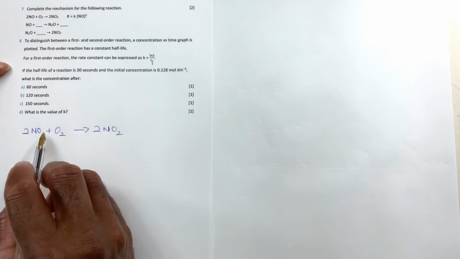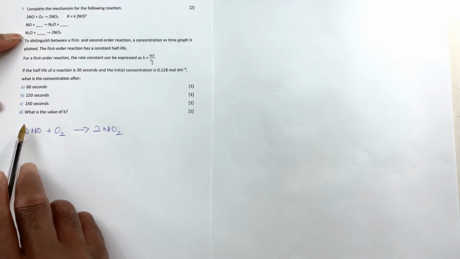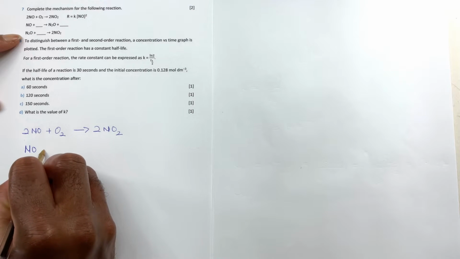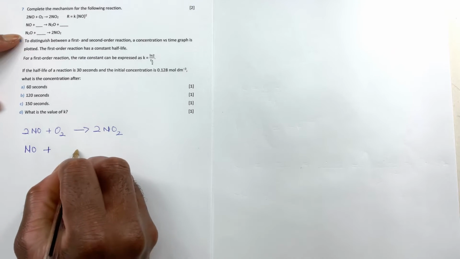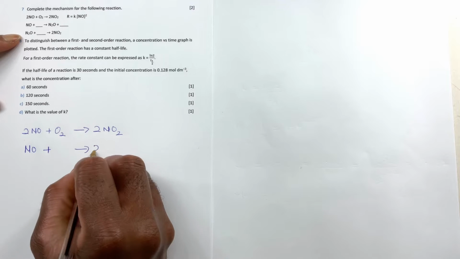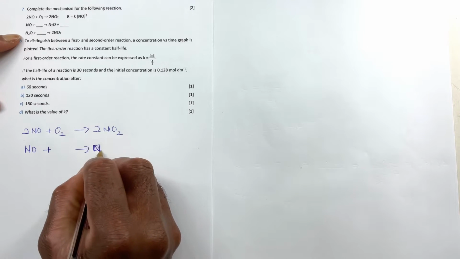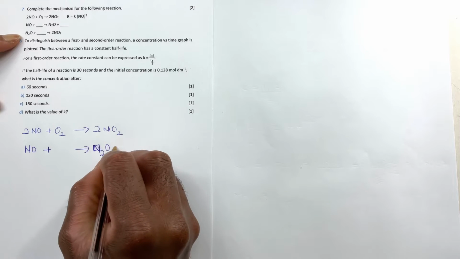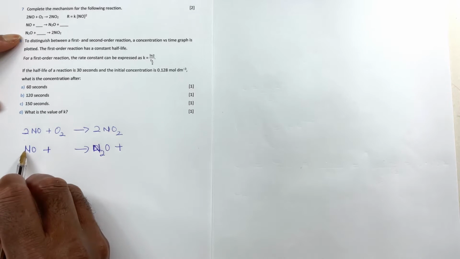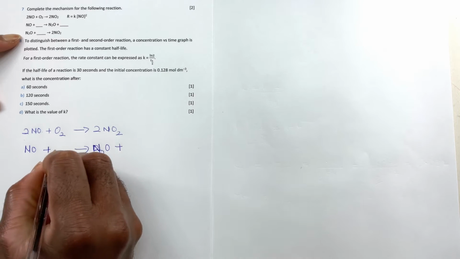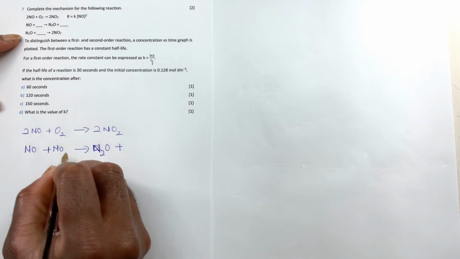Now I've got 2NO here, so if I have NO plus, and I'm getting N2O plus, that means I've got another NO because I've got 2. So I will have NO here.